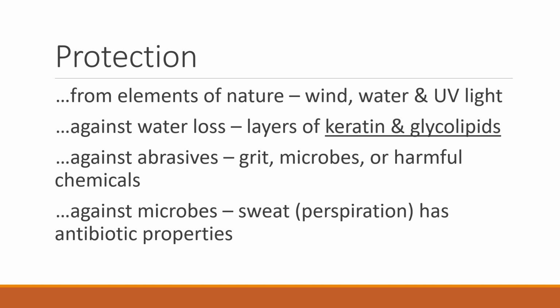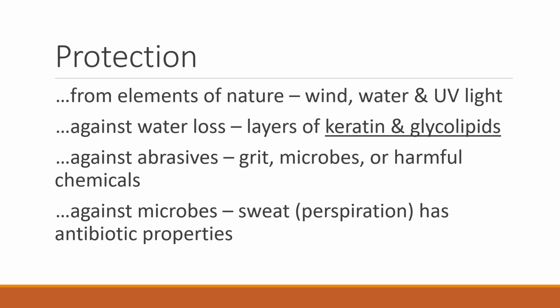So first, let's talk about protection. When we're saying protection, essentially we're talking about protecting the organism, protecting the body, protecting the underlying structures, protecting against systemic problems with homeostasis and potentially life-threatening things.